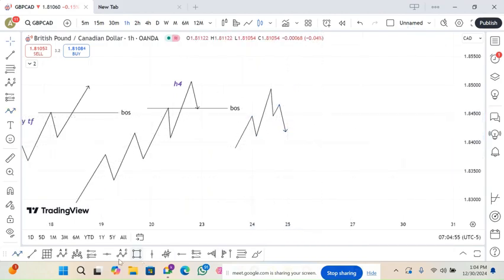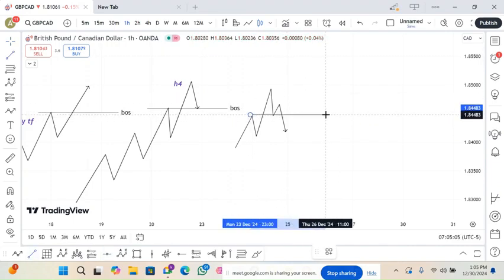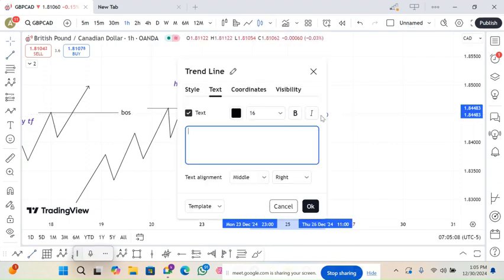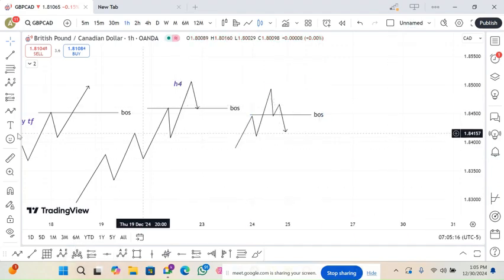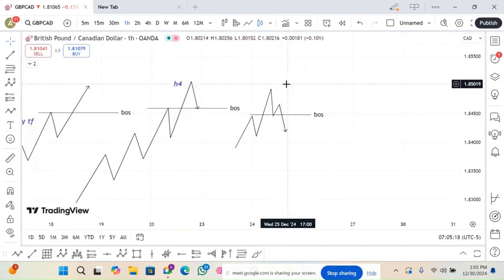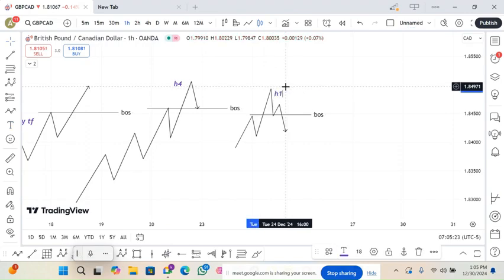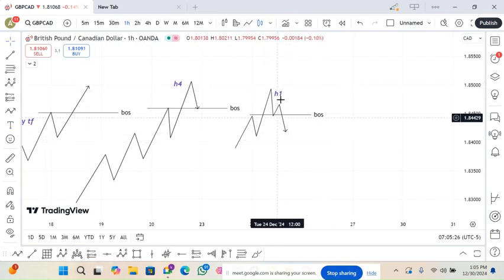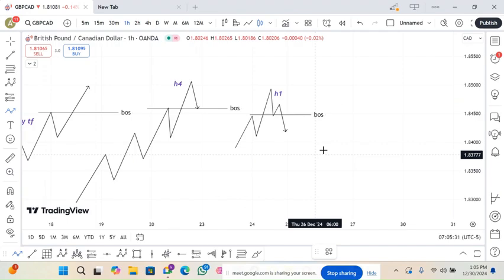So 1 hour is now showing us a bearish move. We already know what that bearish move is: a break of structure. So let's say this is going to be H1. So in this 1 hour, in 5 minutes, what are we going to see? This is what we're going to see in 5 minutes.